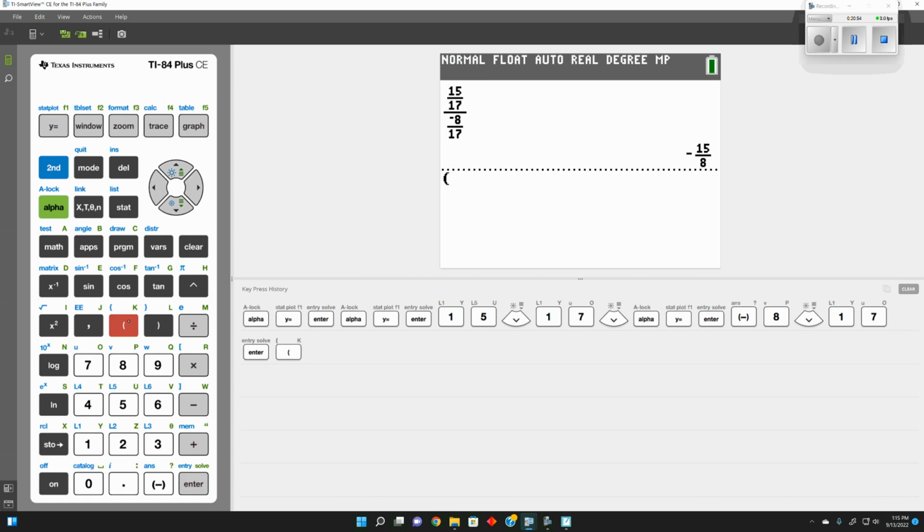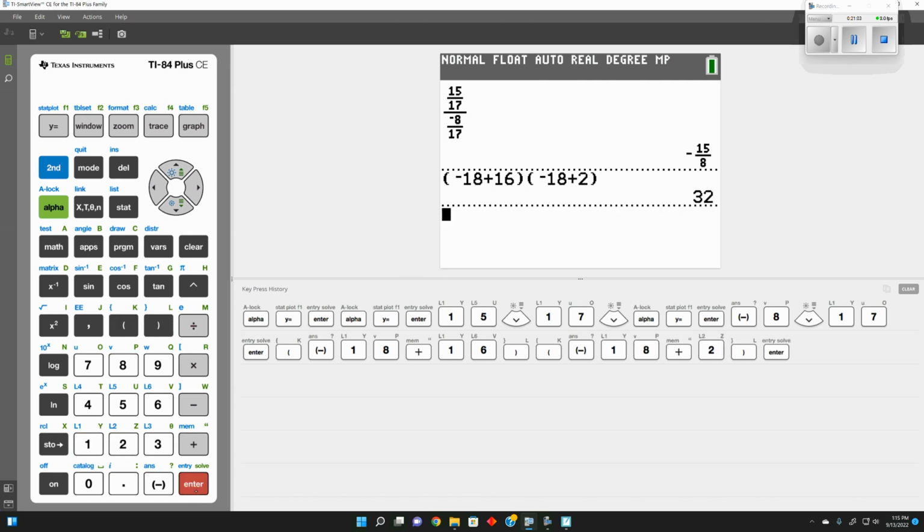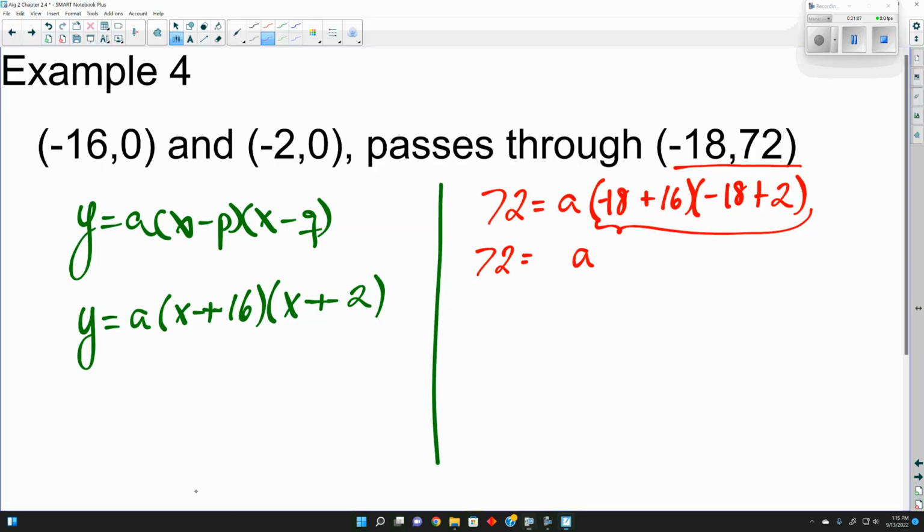So I could say parentheses, negative 18 plus 16, negative 18 plus 2. Gives us 32. 32a, yes. If I did this by hand, negative 18 plus 16 is negative 2. Negative 18 plus 2 is negative 16. Negative and negative make a positive, and it's 32a.